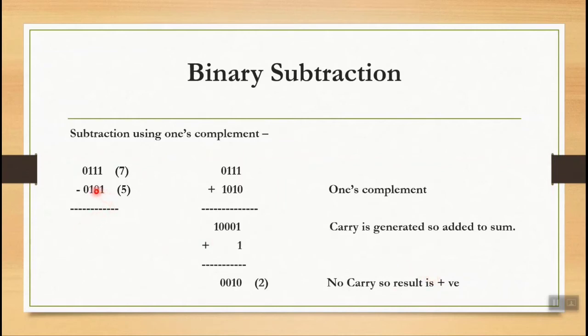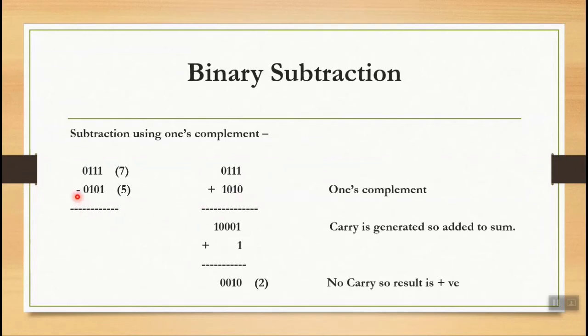Let us consider this number 0111. Basically this number is nothing but 7 in decimal, and 0101 is basically 5. How will we subtract this number using one's complement? This number 0101 we have converted to its one's complement, 1010.